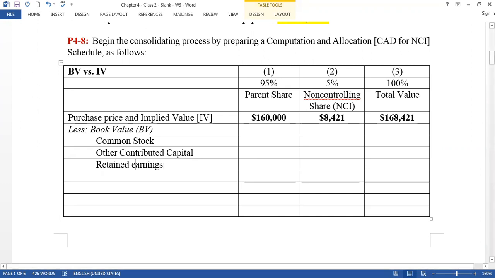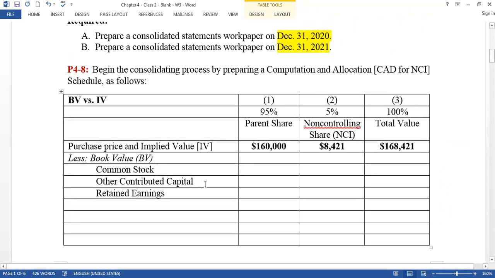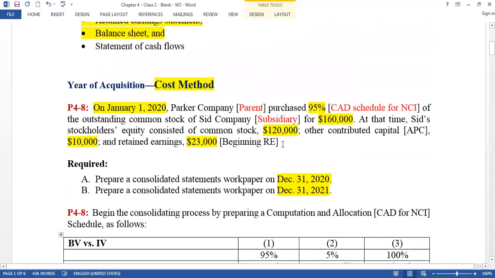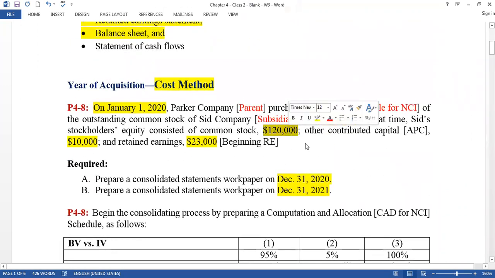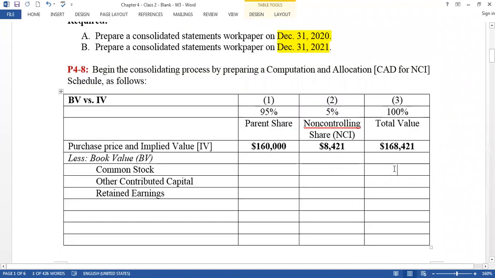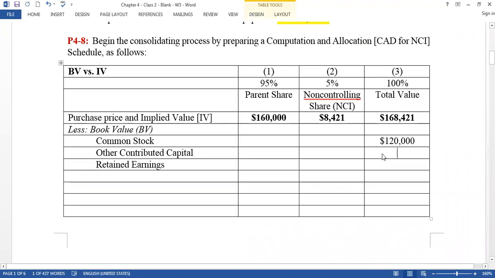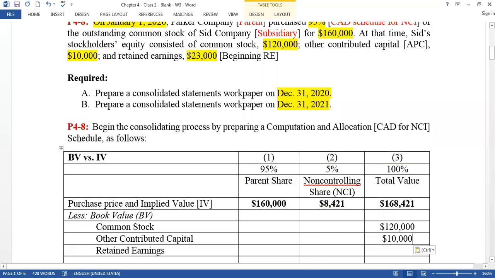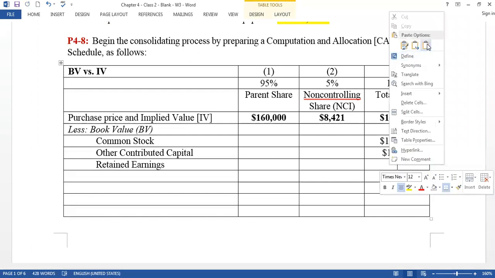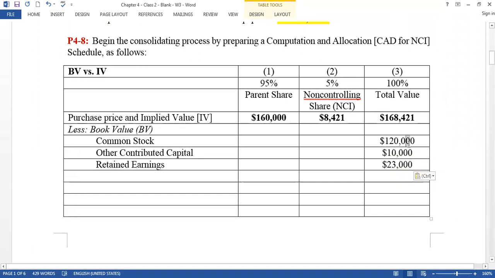So we have these three components for the book value of the subsidiary. The question tells you this information, you can see it here. The common stock is 120,000, then other contributed capital is $10,000, then retained earnings $23,000. So this is the total common stock, other capital, and the retained earnings.